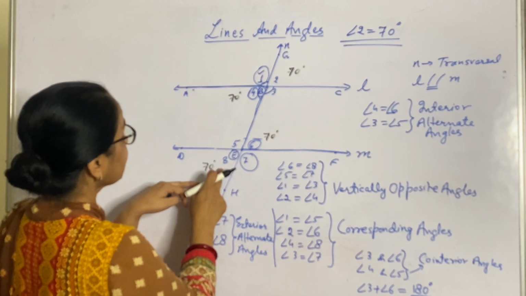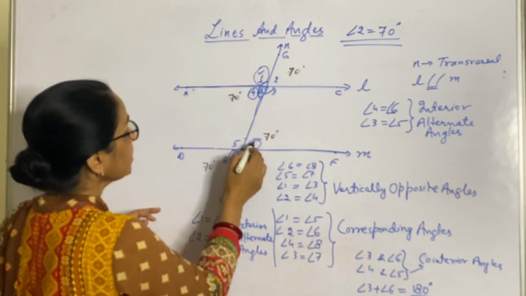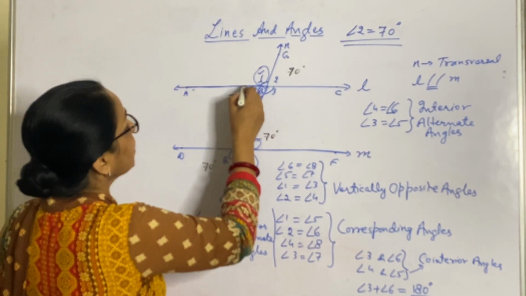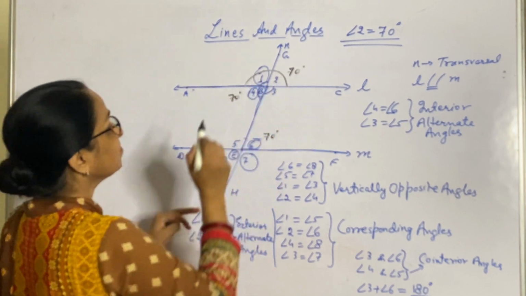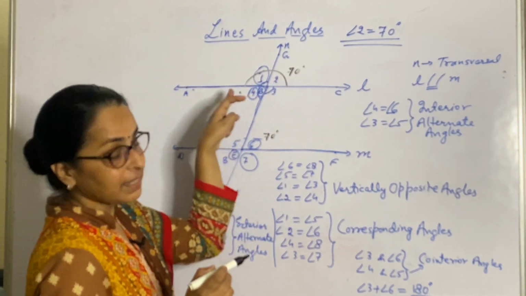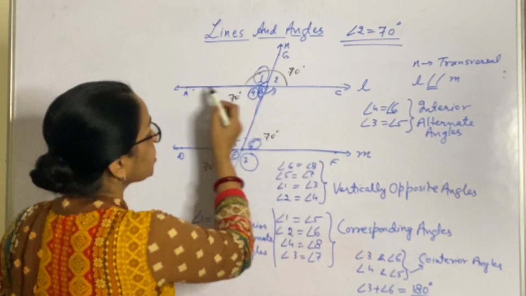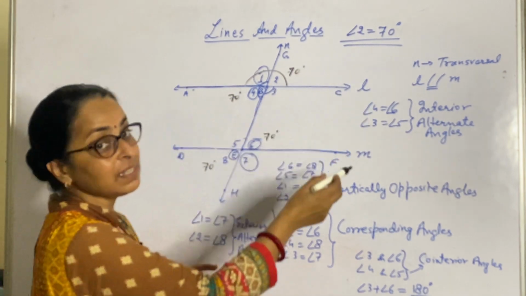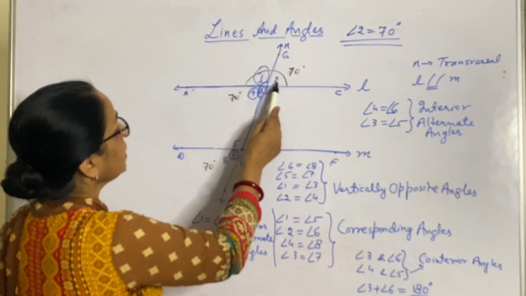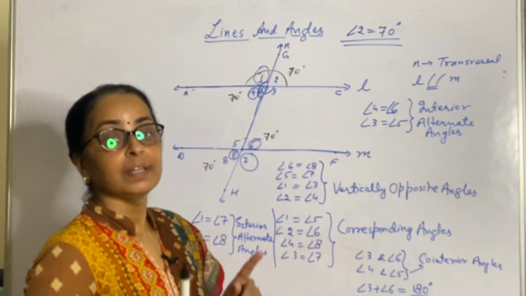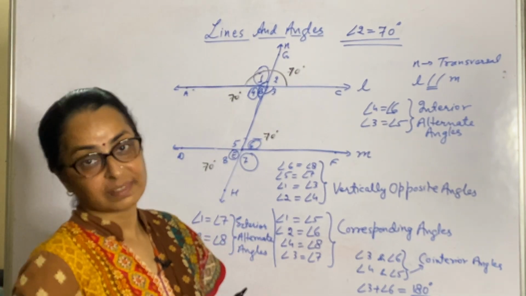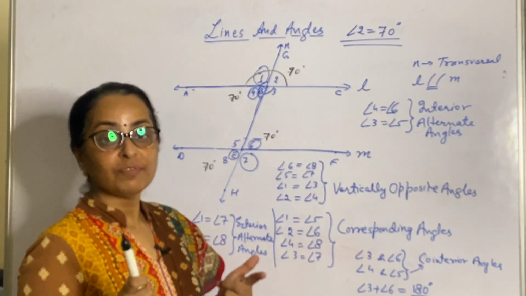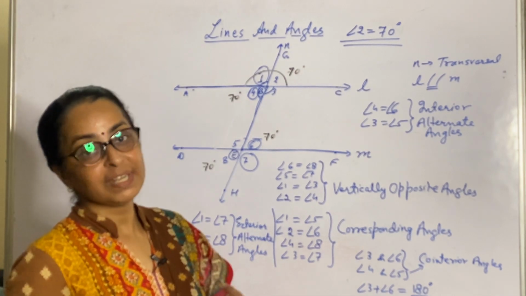Now this is 70 degrees. Now you can see here, angle 1 plus angle 2. If you add them, what is this? This is a single straight line ABC. So angle 1 and angle 2 are forming a linear pair of angles, correct? And the sum of a linear pair of angles is what? 180 degrees.